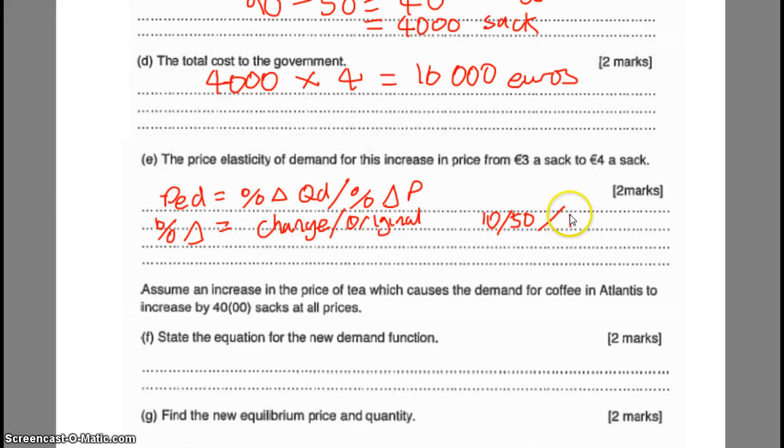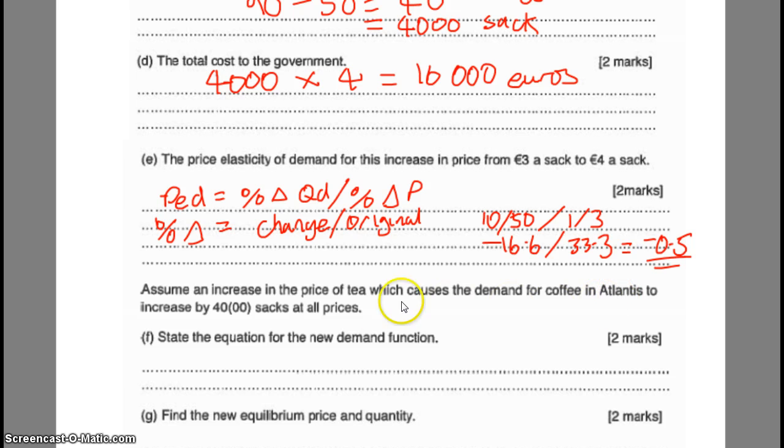The change was 1 because we go from 3 to 4, and the original price was 3, so divided by 3. So that gives us minus 16.6 divided by 33.3 as a percentage, and that gives us minus 0.5. So that is the answer. Okay, moving on to F.